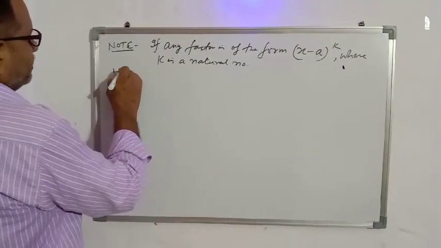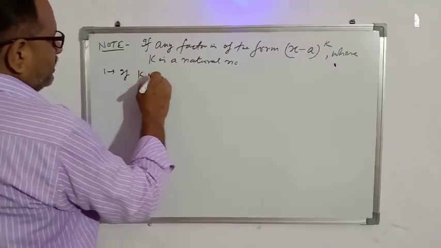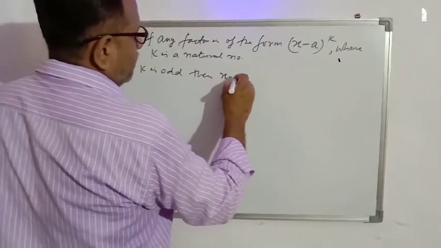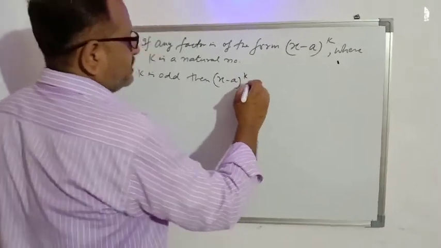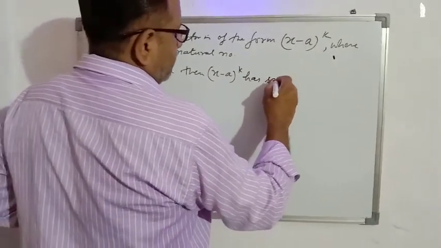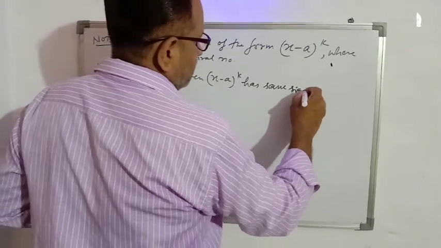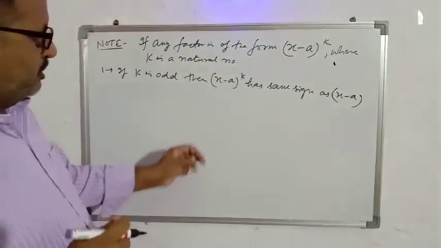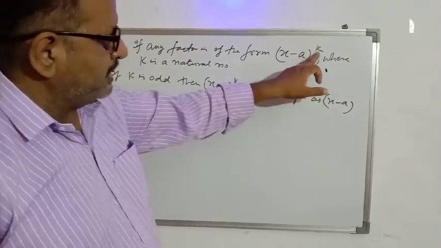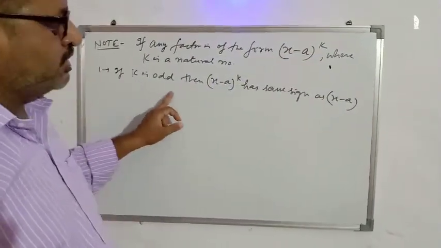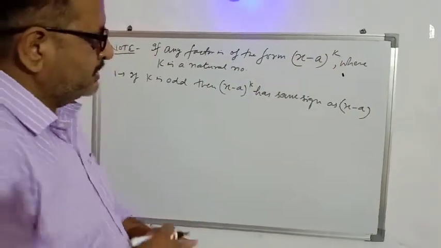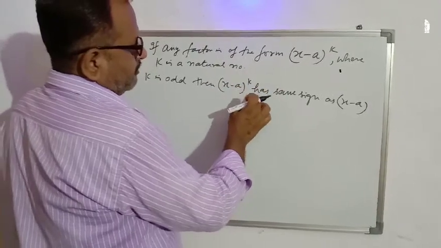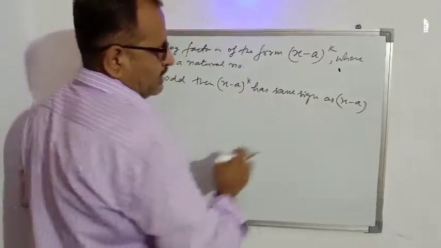So first point, if k is odd, then x minus a to the power k has the same sign as x minus a. So if any factor is of the form x minus a to the power k and k is odd, odd means 1, 3, 5 like this, then the sign of x minus a to the power k will be the same as the sign of x minus a.